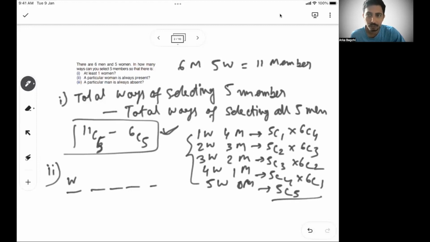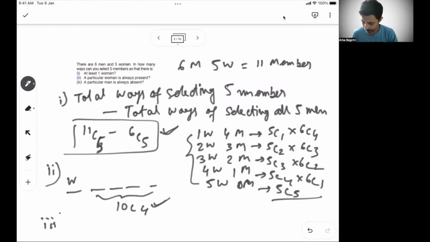A particular woman has to be present. So if I take her out completely, then out of the 10 leftover members, I have to fill up 4 positions, with no other restriction. So 10C4 is your answer.